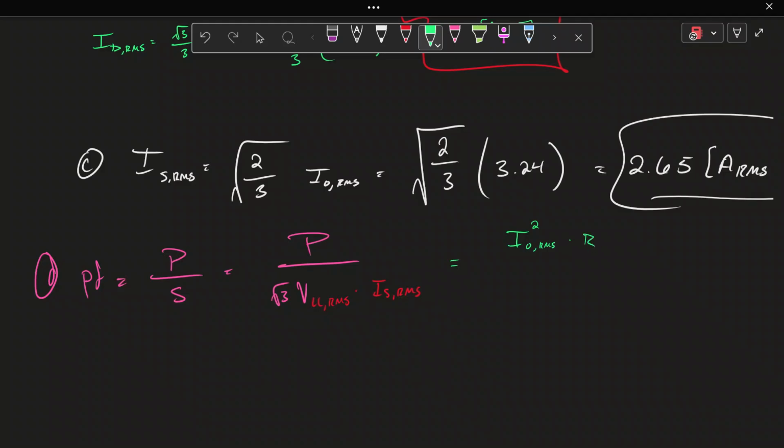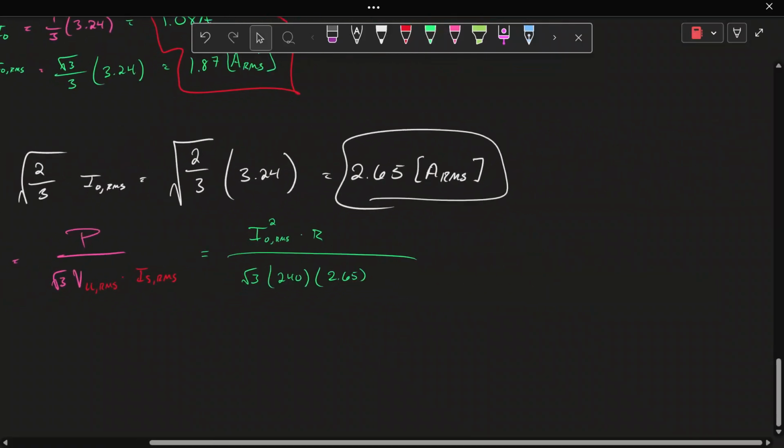We do not add anything with inductance because inductance supplies reactive power, right? So we divide that by the square root of 3 V_LL,RMS, which we remember to be 240, and I_S,RMS, which we solved in part C, 2.65.